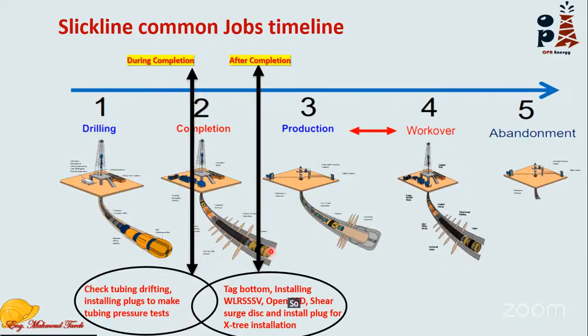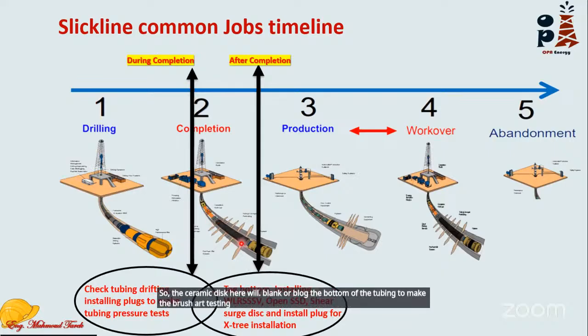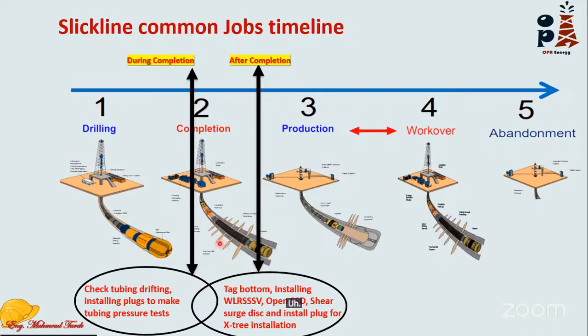So the ceramic disc here will blank or plug the bottom of the tubing to make the pressure testing during run in hole of the completion. After completing the run in hole, you need to shear or break this surge disc to allow the well to flow to the surface.